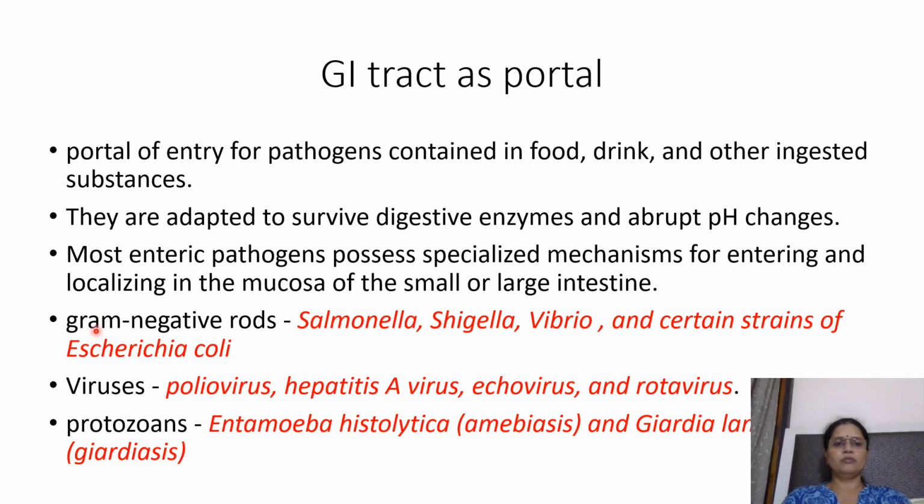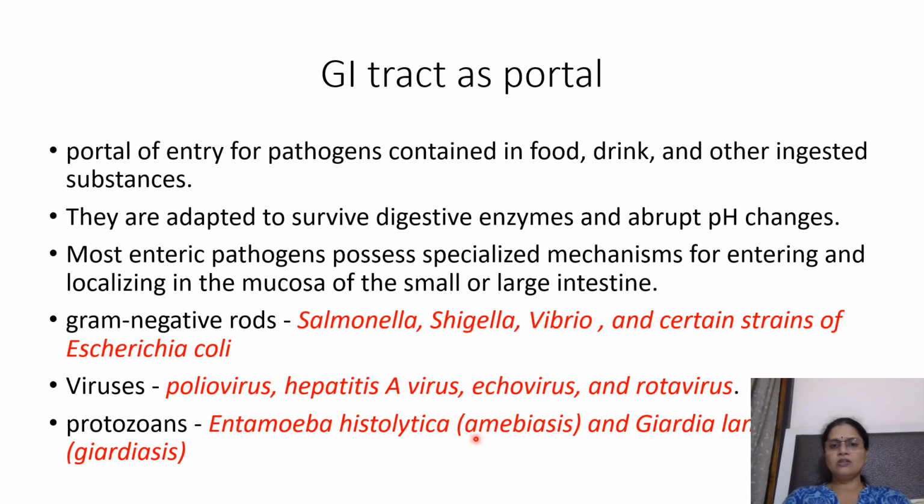So all these are about bacteria, whereas among viruses, the most common enteric viruses are enteroviruses or poliovirus, hepatitis A virus, echovirus, and rotavirus. Among protozoans, the common protozoan parasites that cause intestinal disease include Entamoeba histolytica, which causes amoebic dysentery or amoebiasis.